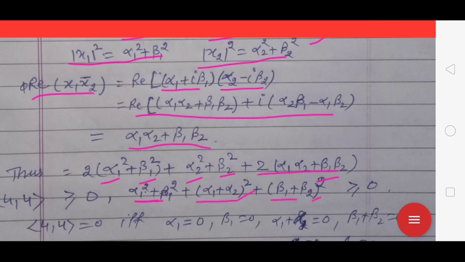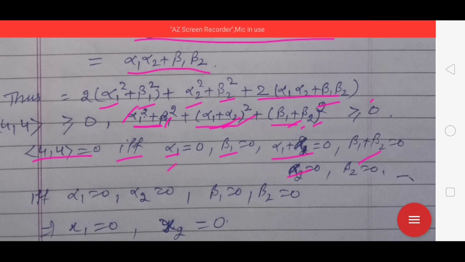So this is positive, this is positive, this is positive, so the whole quantity is always greater than or equal to 0. Now this is equal to 0 if and only if this quantity is 0 and this quantity is 0.